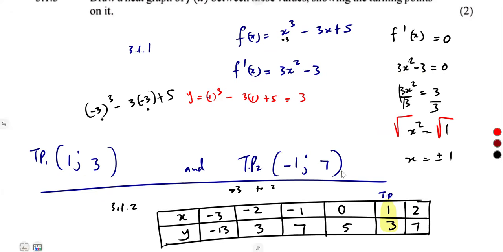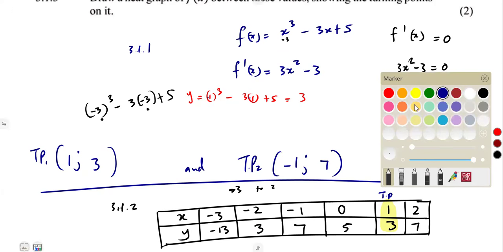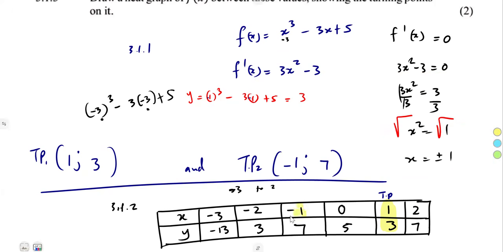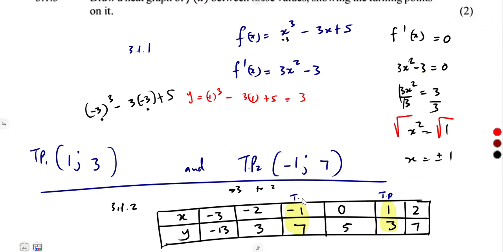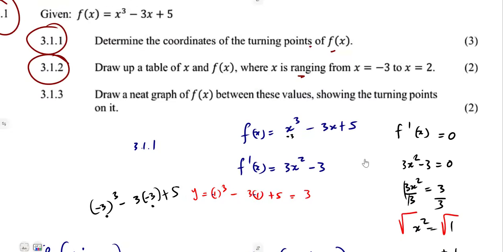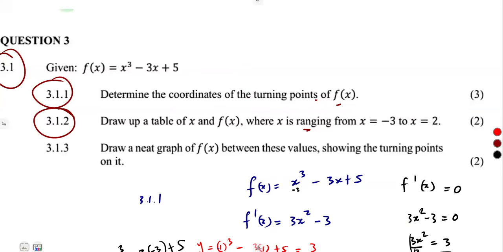And also, minus 1 versus 7. We have it also here. So it is also a turning point that we can see on our table. It's just for you guys to visualize. Are you following what you calculated before? Anyways, besides that, you can just mark your points, guys. When drawing the graph, it's not a problem. You discover that later on. All right. So that was it.